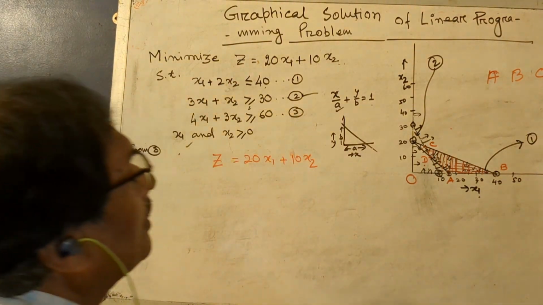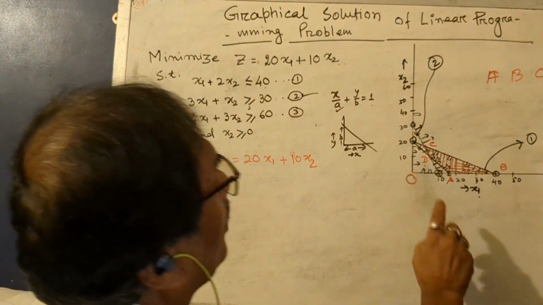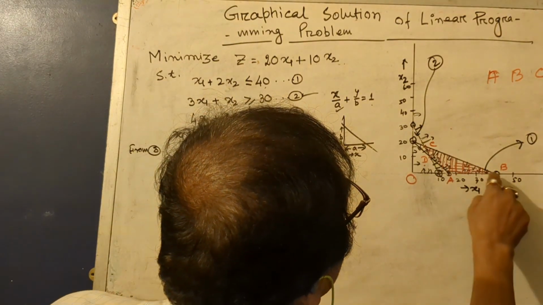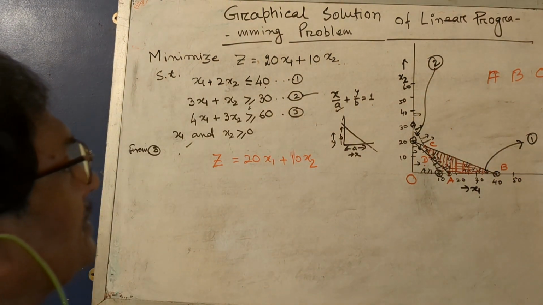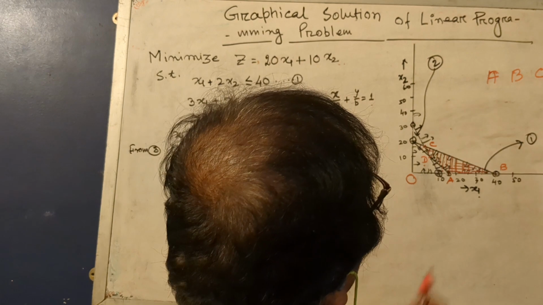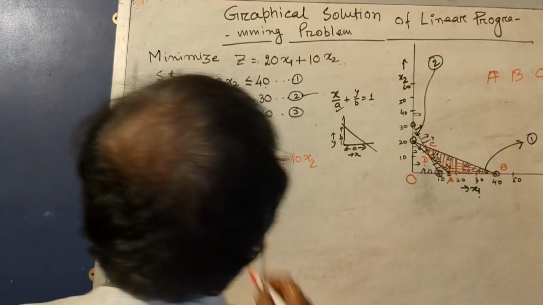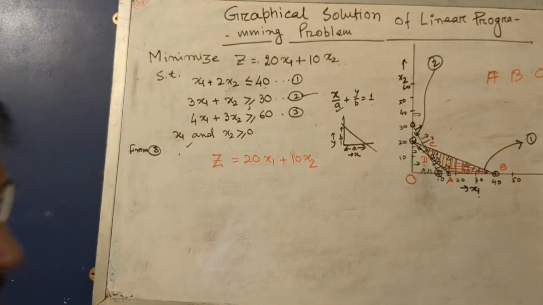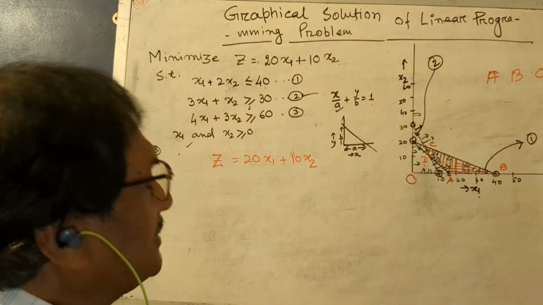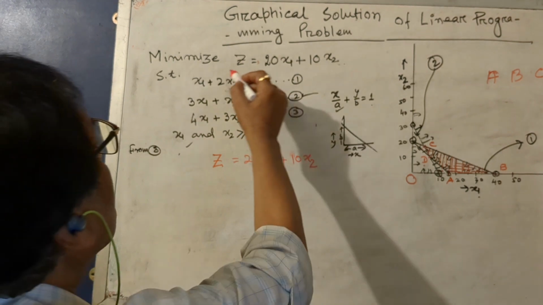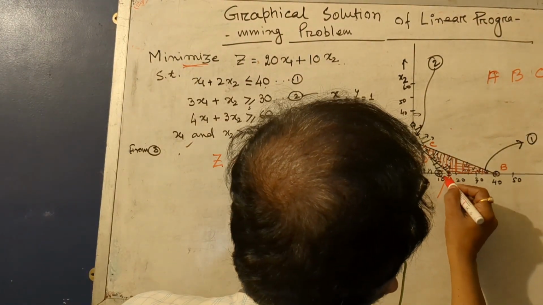So your maximum or minimum value will occur at a corner point of the feasible set only. That means you have to know the coordinates of these points, then find the value of z, and you will accept the one where the value is minimum, as it is a minimization problem.